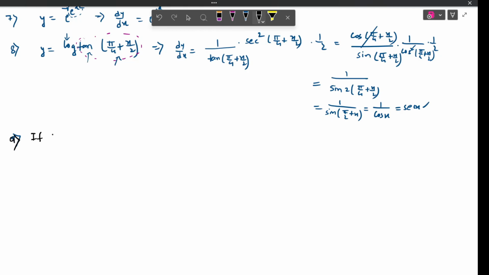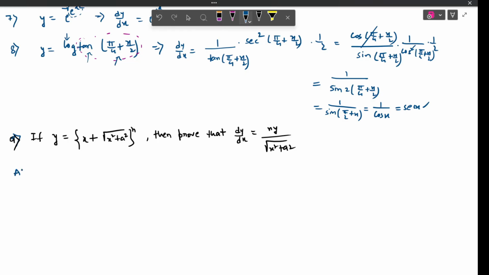If y equals (x plus root under x square plus s square) whole to the power n, then prove that dy by dx is equal to n y by root under x square plus s square. It's a very important question.